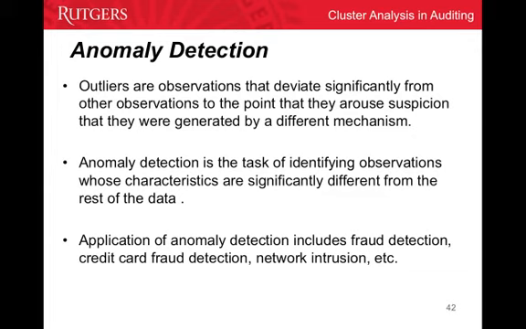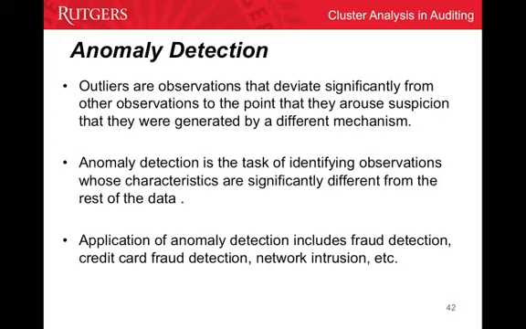Anomalies can basically be classified into three categories: point anomaly, contextual anomaly, and collective anomaly. Point anomaly is a simple form of anomaly that identifies an individual data instance as anomalous with respect to the remainder of the data.